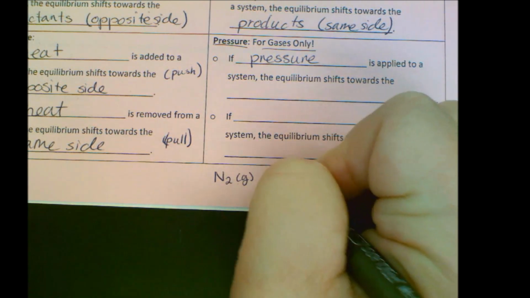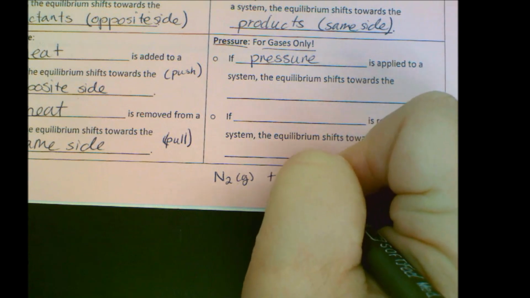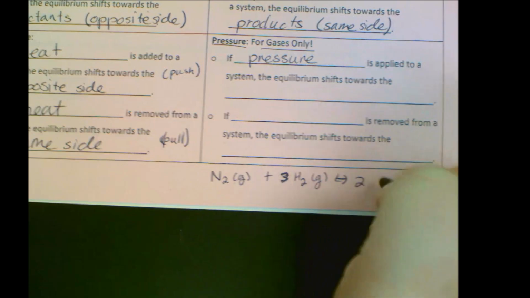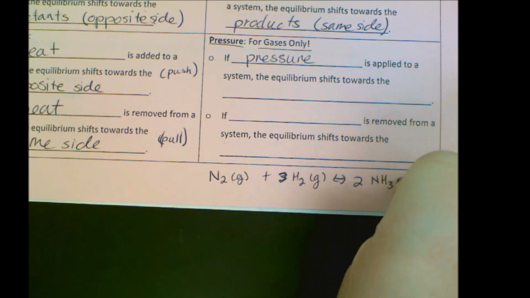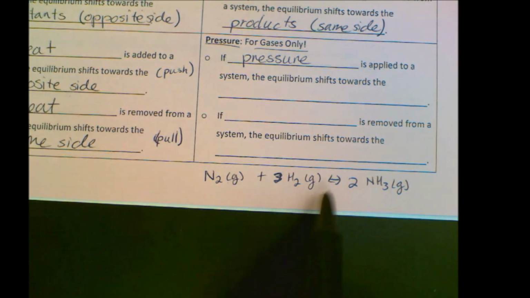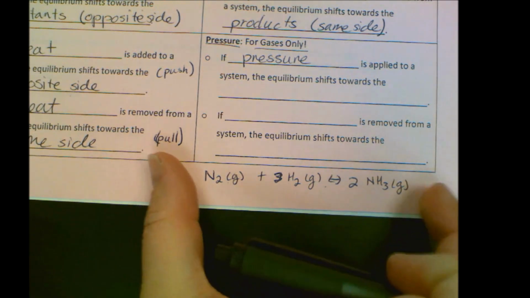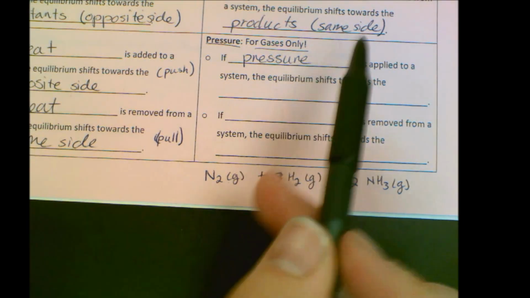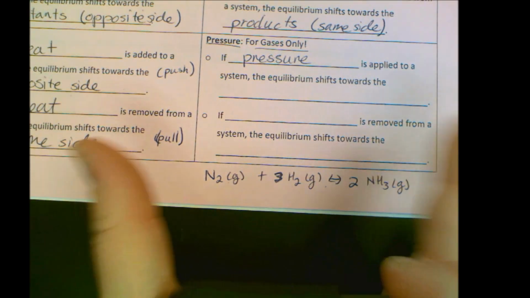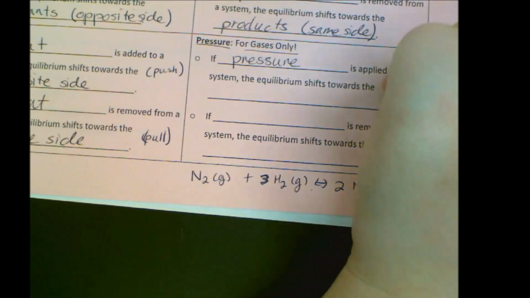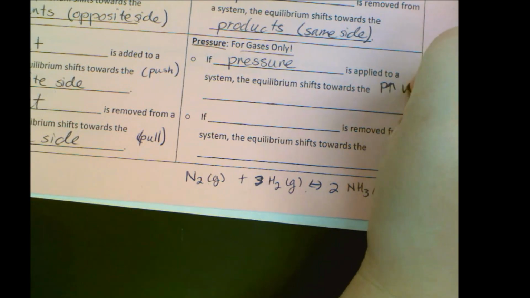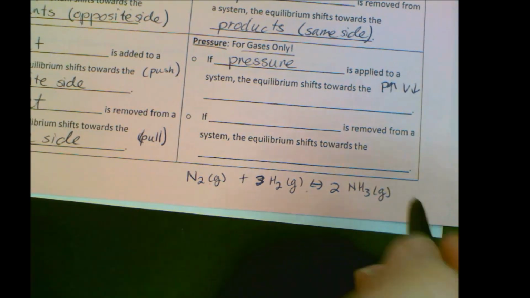Very common one we've looked at. Nitrogen gas plus 3 hydrogen gas make 2 ammonia gas. Okay, so if this is an equilibrium and we've got our double arrow, if we had all of this in the same container and it was at equilibrium and we added pressure, you can always think of pressure going up, causing our volume to go down, because those are opposite relationships.